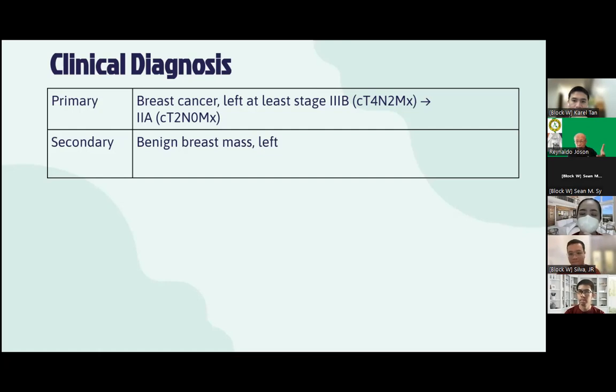Do you have frequent headache for a long time? If positive, then you may have to consider possible brain metastases. So you ask questions along the line of the more frequent sites of metastases from breast cancer, which are the brain, the bone, the lungs, and what else? The liver.